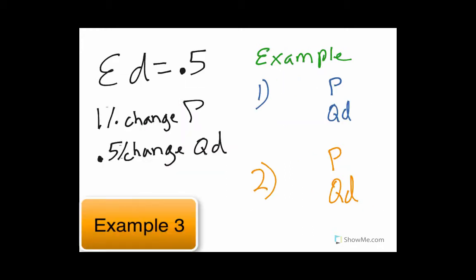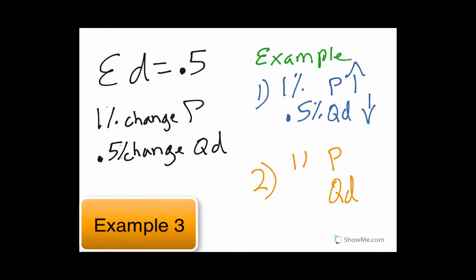Now let's say we get 0.5 for elasticity of demand. What that means, again, is if there's a 1% change in price, there's going to be a 0.5% change in quantity demanded. To get a little more specific, if there is a 1% price increase, there will be a 0.5% decrease in quantity demanded. Again, you're starting to see a little bit of a pattern here.